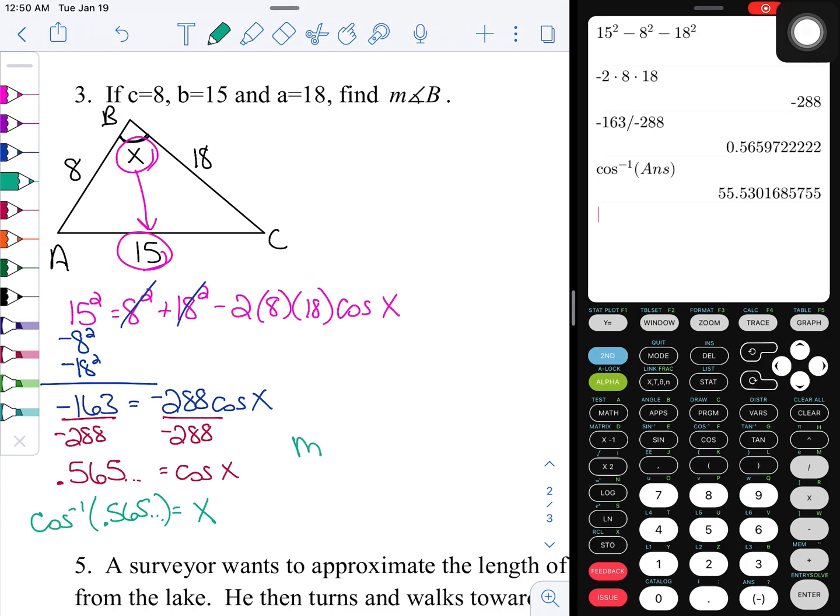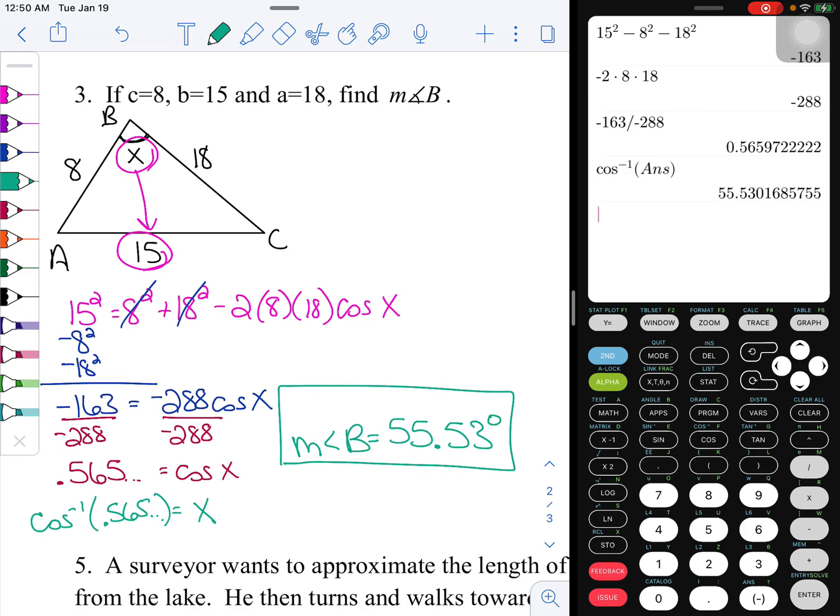So I am going to say that the measure of angle B is equal to 55.53 degrees. No directions about rounding, so round to 2 decimal places, please. So that's problem number 3, where we had to start with a triangle ourselves and fill in the information.